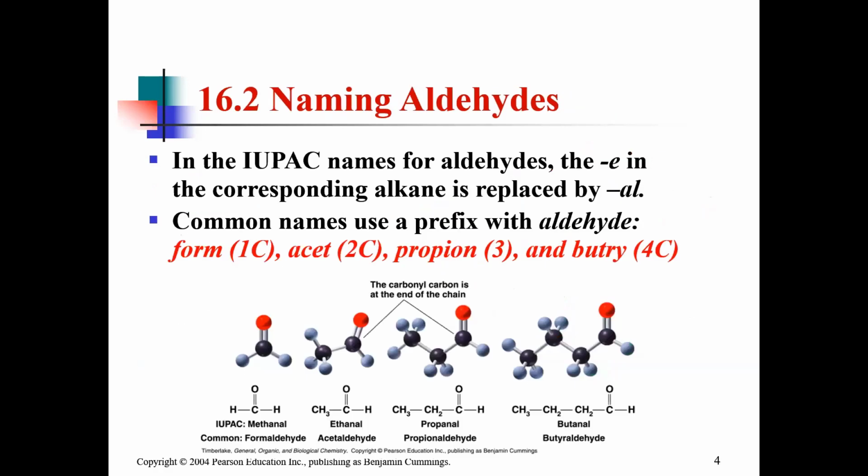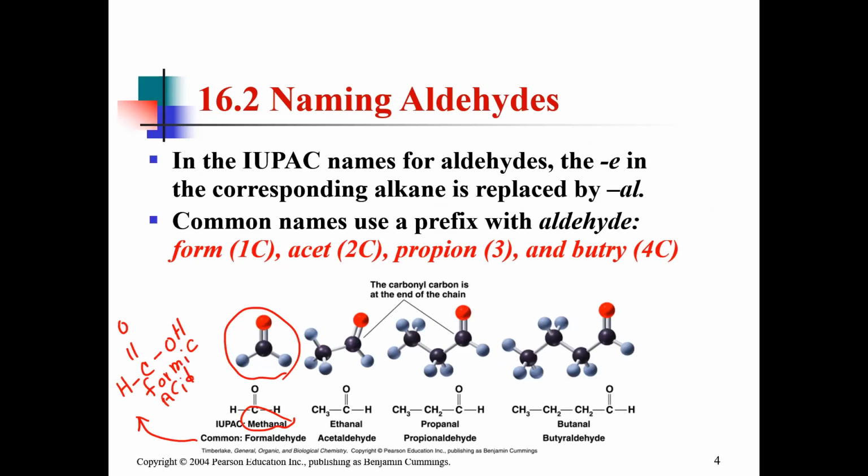So I have some aldehyde ketones here. This is called formaldehyde. That's the common name. But the IUPAC name is methanal. So where is the common name formaldehyde coming from? It's coming from the fact that this is a structure of formic acid. And therefore, the aldehyde is called formaldehyde.